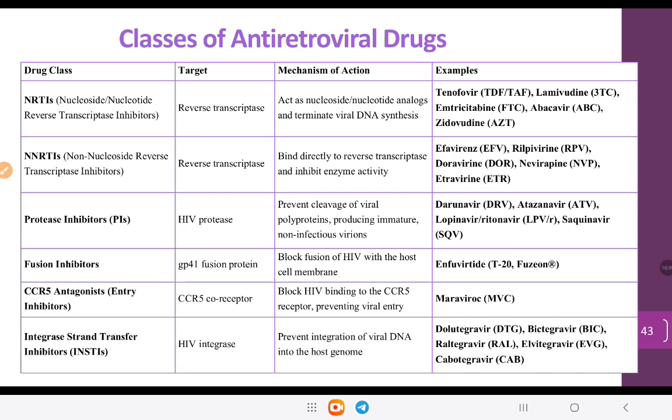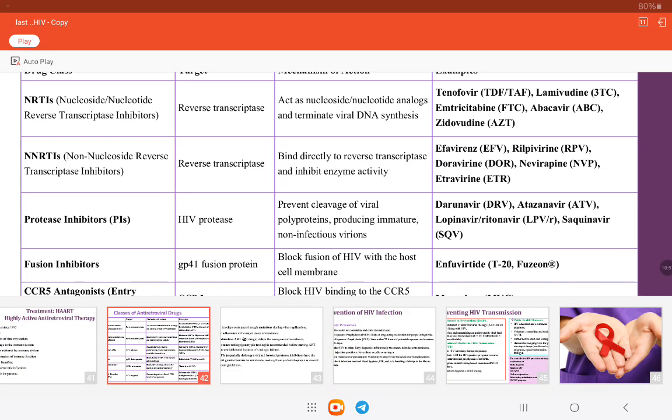In this slide you can see the different classes of antiretroviral drugs used for the treatment of HIV. Currently the WHO recommended first line of ART is tenofovir. This is the first line drug.